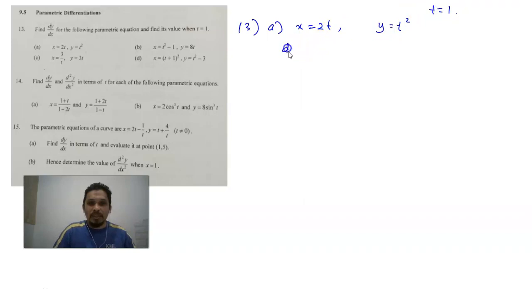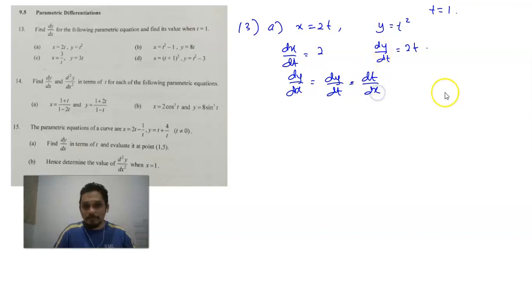So dx/dt, differentiating this with respect to t, equal to 2, and dy/dt, differentiating t squared, equal to 2t. Then dy/dx equal to dy/dt multiplied with dt/dx.